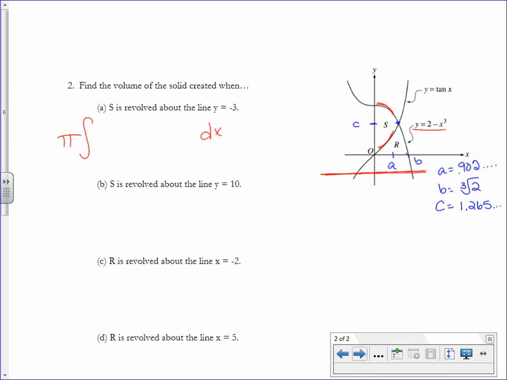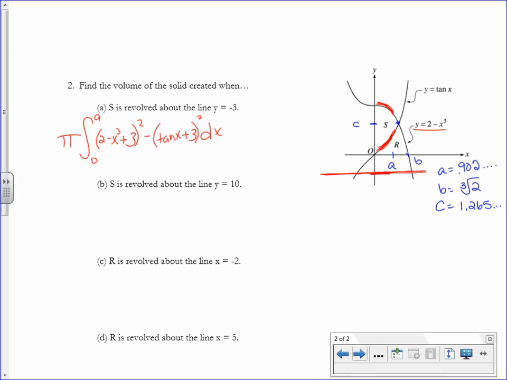S has a bounded region from 0 to A, and now I just need outer radius squared minus inner radius squared. My outer radius goes from 2 minus x cubed to y equals negative 3. So that's going to be 2 minus x cubed minus a negative 3, which is really a plus 3. My inner radius goes from y equals tan x to negative 3. So this is going to be tan x plus 3.